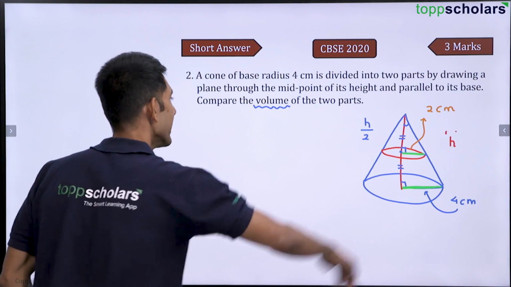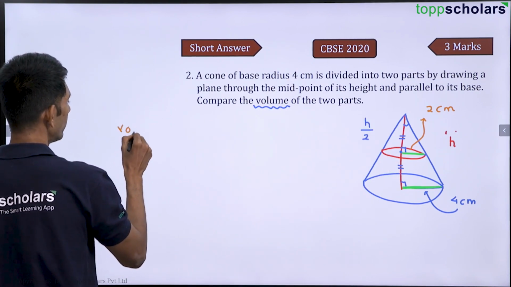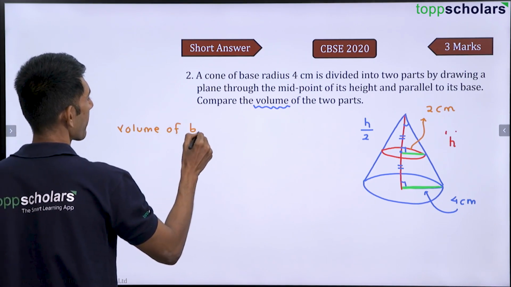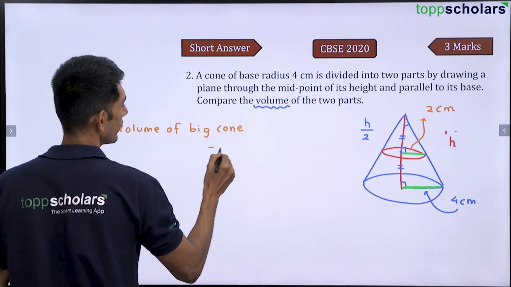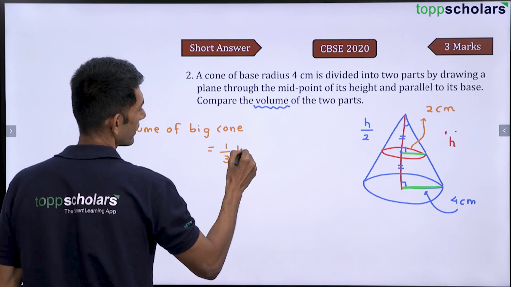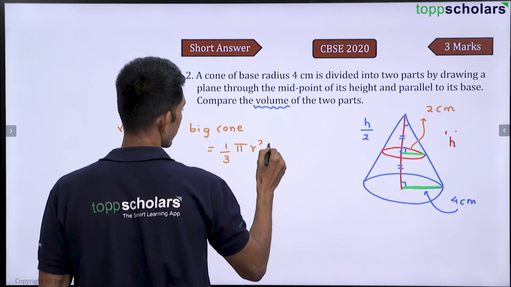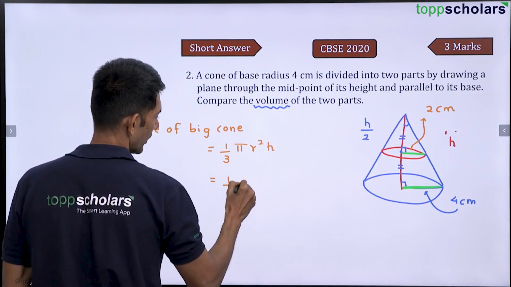So if I talk about the volume of the entire cone, the volume of the big cone is equal to 1 by 3 pi r square h. So this is 1 by 3 pi.